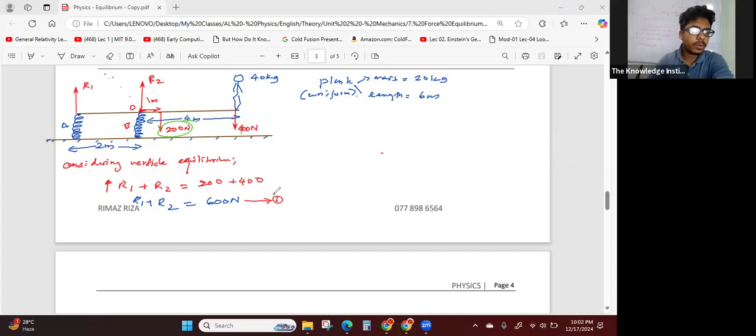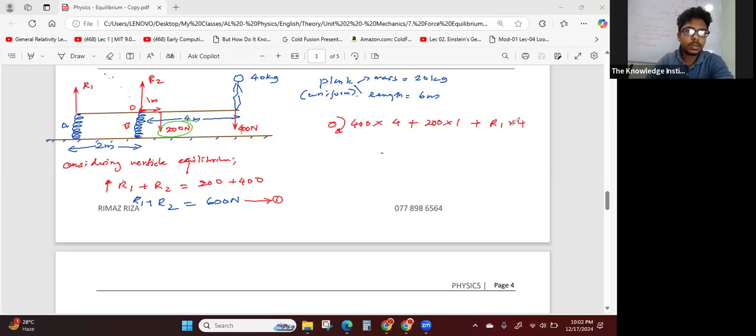And then I'm taking the moment from O. So we have 400 into the distance, which is 4 meter, plus the weight of the plank, 200, into the distance 1, and R2 will not come, and minus R1 into the distance 4 meter, into 4.